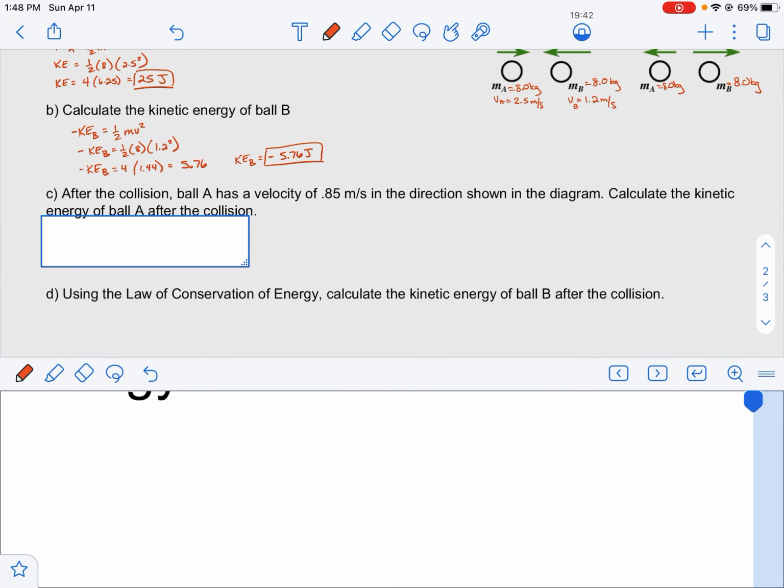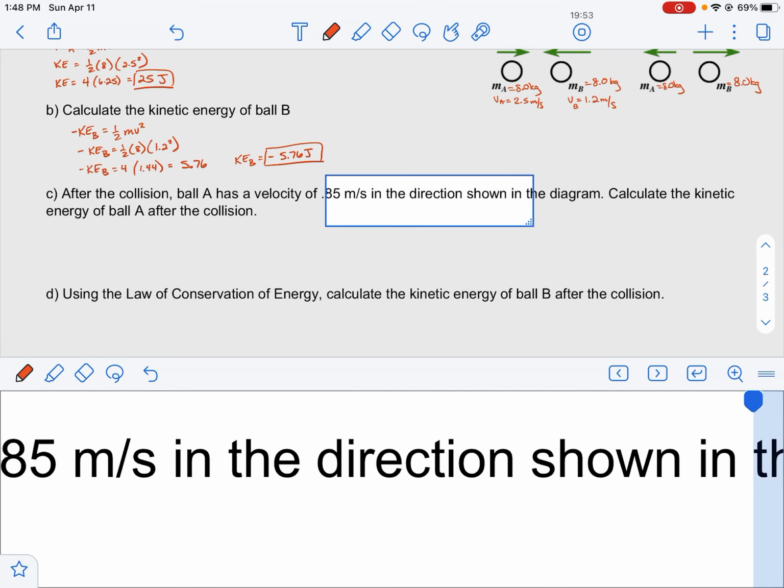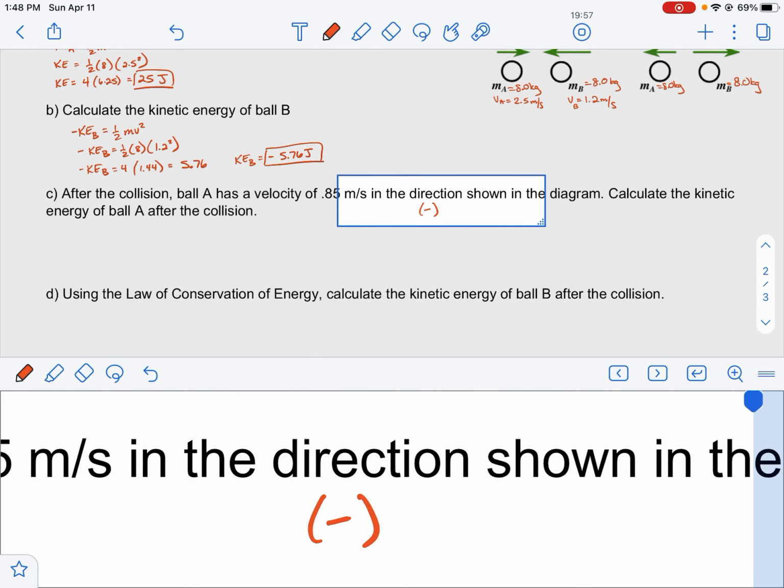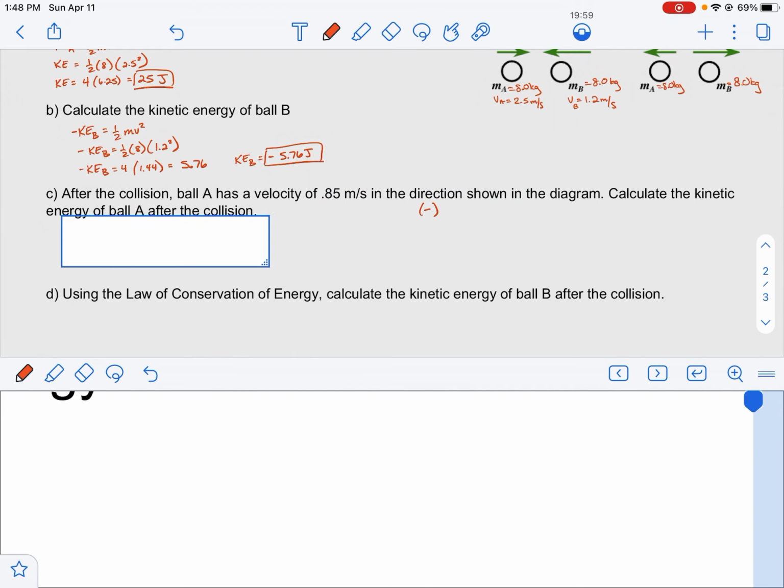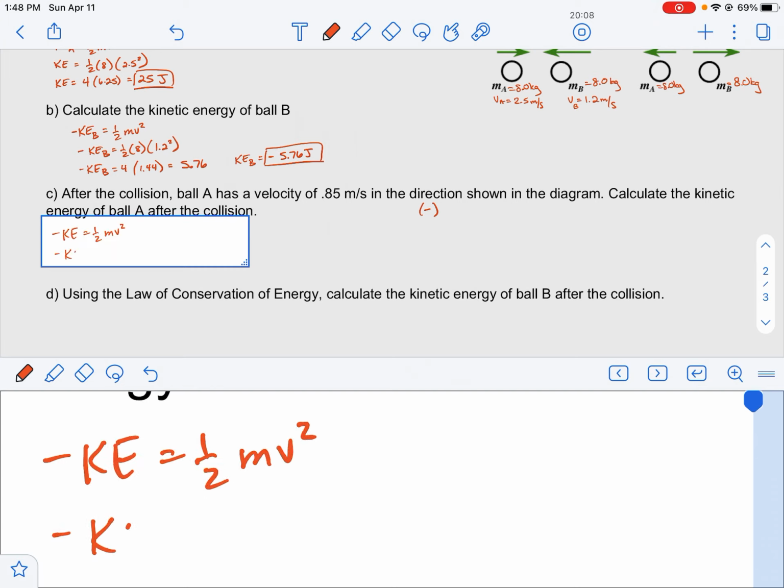Okay, after the collision, ball A has a velocity of 0.85 meters per second in the direction shown in the diagram. Remember, that's the negative direction. This is negative. Calculate the kinetic energy of ball A after the collision. Okay, so we know it's going to be negative. It's still 1/2 mv squared.